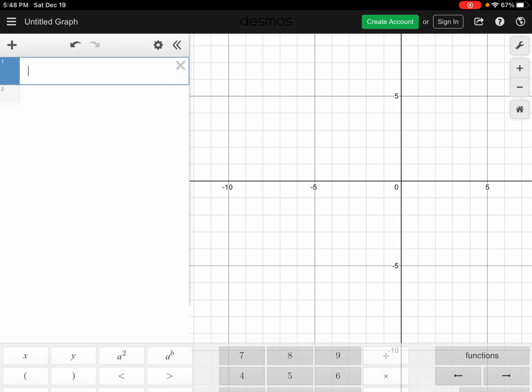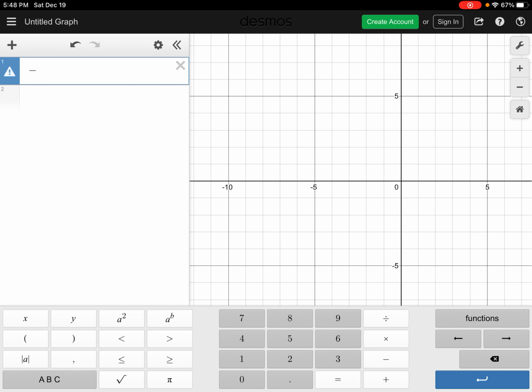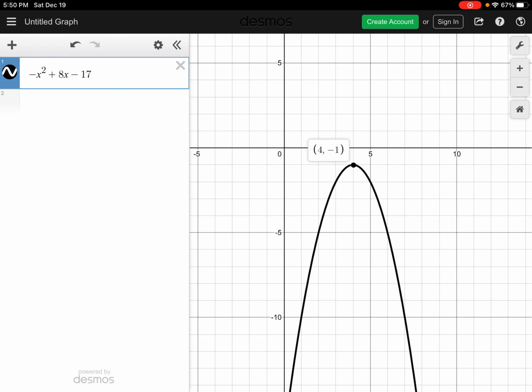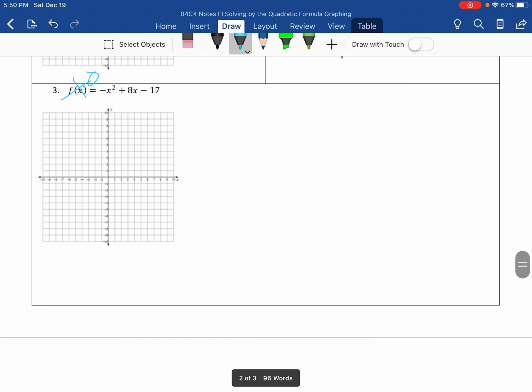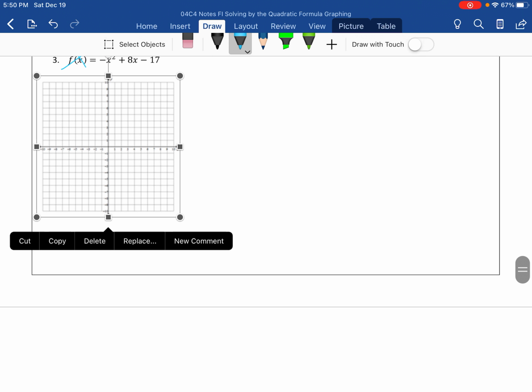And last but not least, -x squared plus 8x minus 17. Okay, looks like this, and what you realize is my vertex is at 4, -1, and there are no solutions.